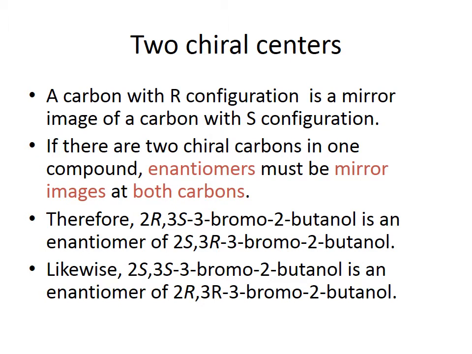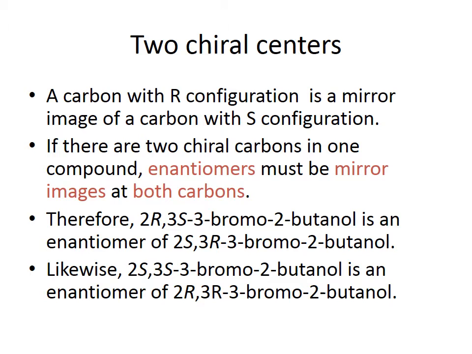When you have a compound with two chiral carbons, you can find that there are four sets of possibilities. And what we're going to do is examine those four sets of possibilities. When I have one carbon, the R configuration is a mirror image of the S configuration. So they're enantiomers. But if there are two chiral carbons, there's two possibilities.